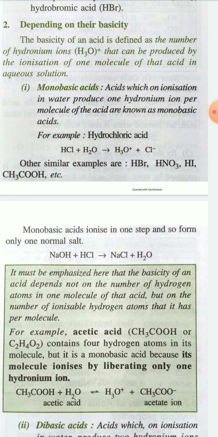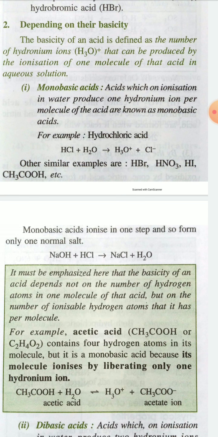Initially, HCl produces H+ and Cl-. The H+ produced combines with a water molecule to form the H3O+ ion, because H+ ion cannot exist in aqueous solution. Similarly, other examples of monobasic acids are HBr, HNO3, HI, acetic acid CH3COOH. All these are monobasic acids.